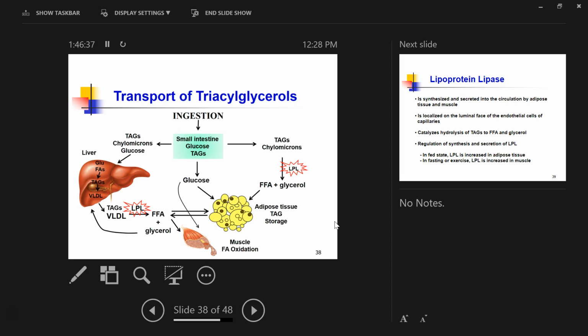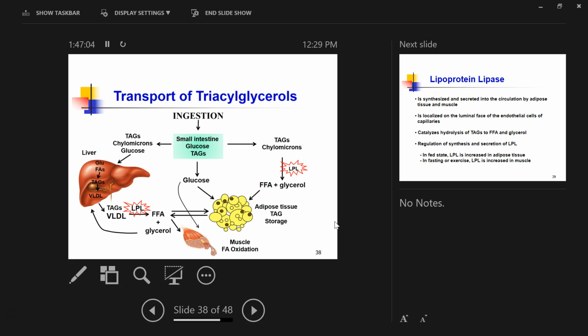Once fatty acids go into the fat tissue, they need to be resynthesized into triglyceride and stored in the adipose tissue. So triglyceride synthesis activity is very active in the adipocyte.